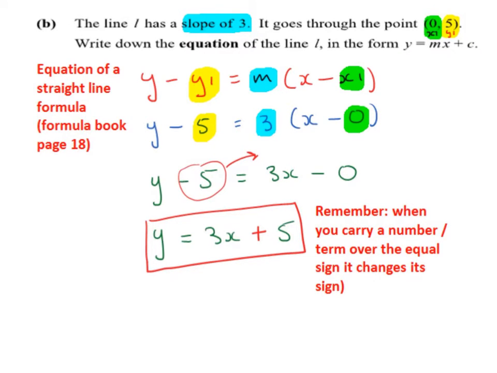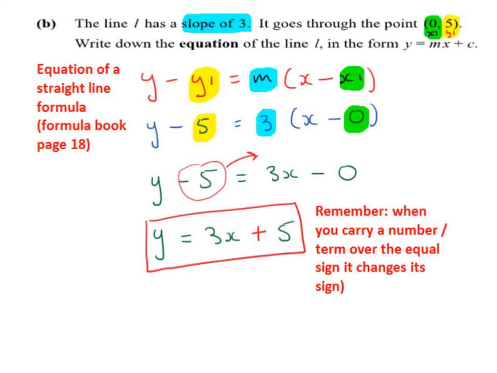Then the y1 and the x1 we get from our point. So our point is 0, 5. So we label the first number as x1, that's our x value, and the second number as y1, that's our y value. So we're going to swap the y1 for 5, because we're told that the y1 is 5, and we swap the x1 for 0.